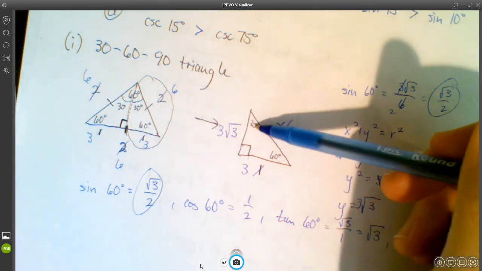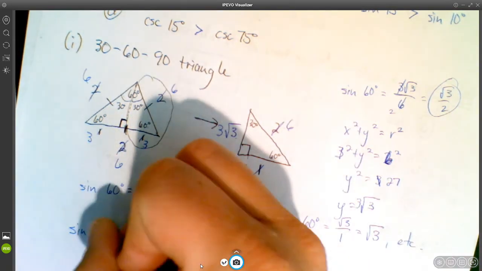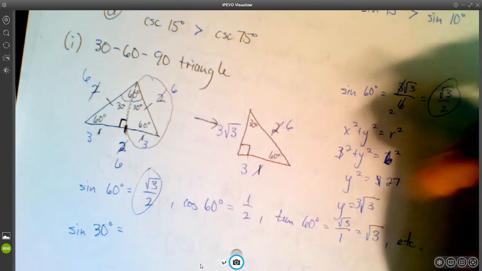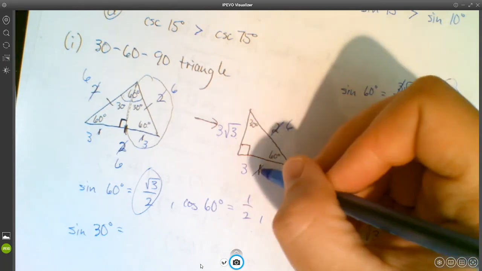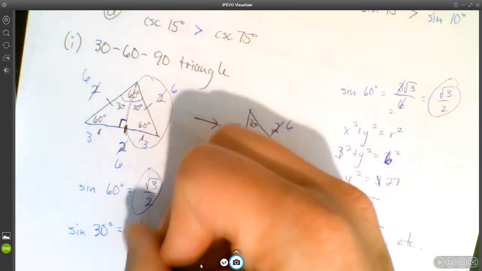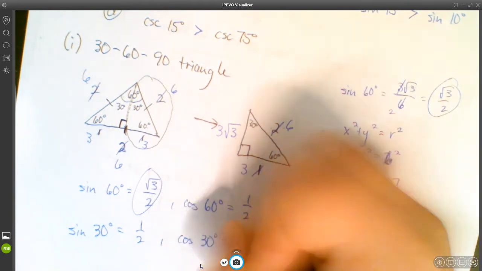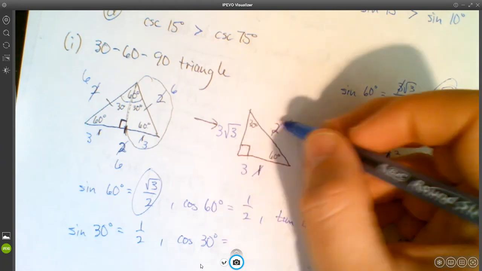And we can get similar values for 30 degrees, right? I'm going to use the crossed out values so that I don't have to reduce later. Sine of 30 degrees is going to be opposite over hypotenuse, that's 1/2. Cosine of 30 degrees is adjacent over hypotenuse, that's root 3 over 2.